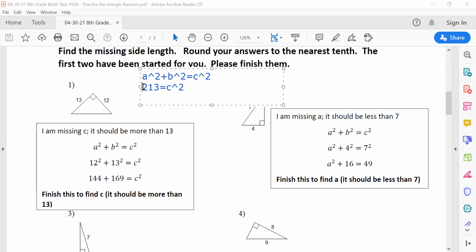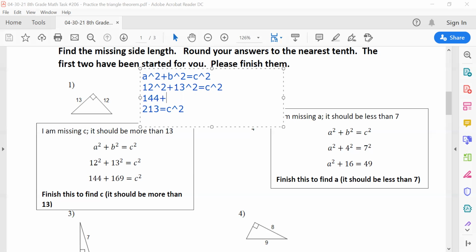So where did I get that from again? I got 12 squared plus 13 squared equals C squared. Then I got 144 plus 169 equals C squared. I added those and I got, I believe that's actually 313.